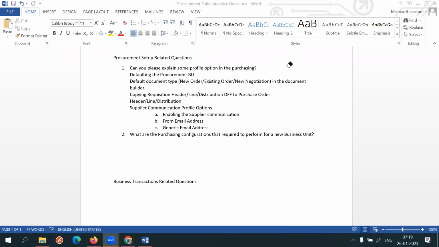Do we link the calendar to the business unit? We link the calendar to the ledger, right? If the BU is created under the same ledger, it's fine; if the BU is under a different ledger, it's required. If you answer it and get a cross question, you should be able to re-answer it.